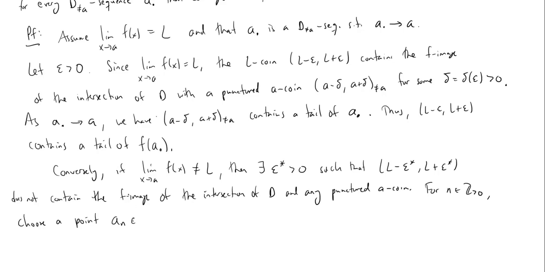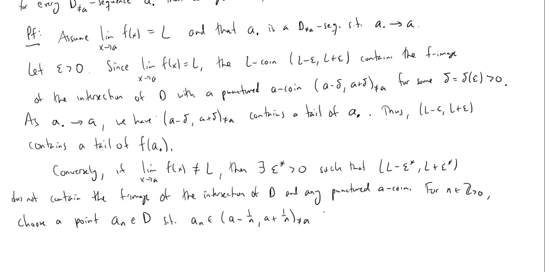I'm going to choose a point, and I'm going to call it a sub n in D, that lies in the punctured A coin of radius 1 over n, and whose F image is not in the L coin. All right, so let's write it and then we'll explain it again. So I'm going to choose a point a sub n in D such that a sub n lies in the punctured A coin of radius 1 over n.